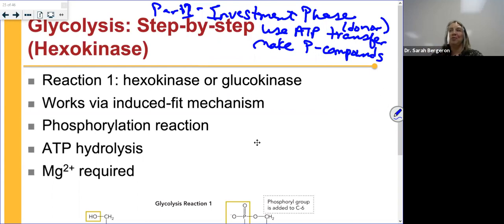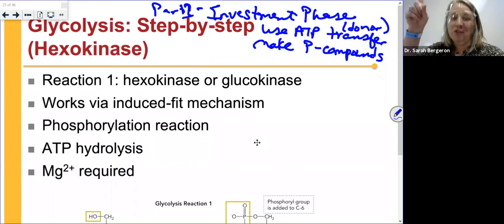What are you going to do when you add a phosphate group? You're going to make it negative. You think it's going the same way it came in? It can't. It's negative. The whole point of phosphorylating something, adding a phosphate group onto a sugar in glycolysis, is to make sure that it can't leave the cell. You're trapping it in the cell, right? It's kind of cool.